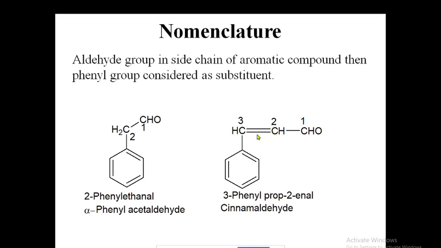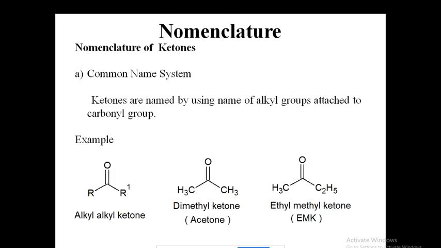At the second position the double bond starts, so 2-en, and as it is an aldehyde, it ends with the suffix al. So see the name: 3-phenyl prop-2-enal. In this way you can give names to such substituted compounds in which the aldehyde group is in a side chain. The familiar name for this compound is cinnamaldehyde.